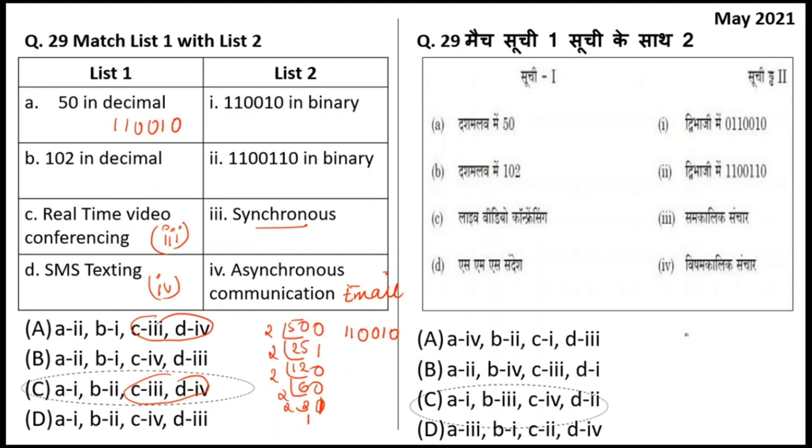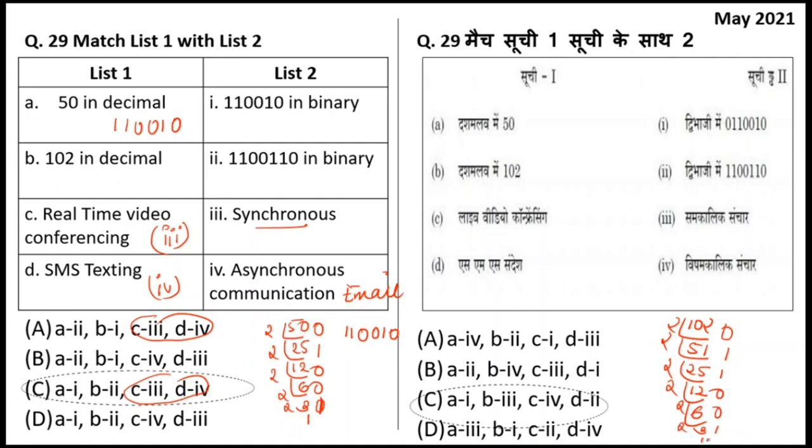For your information, I'll just solve 102 also. How to solve 102? Divided by 2, the quotient will be 51 and the remainder will be 0. 2 25s are 50, remainder 1. 2 12s are 24, remainder 1. 2 6s, remainder 0. 2 3s, remainder 0. 2 1s, remainder 1.